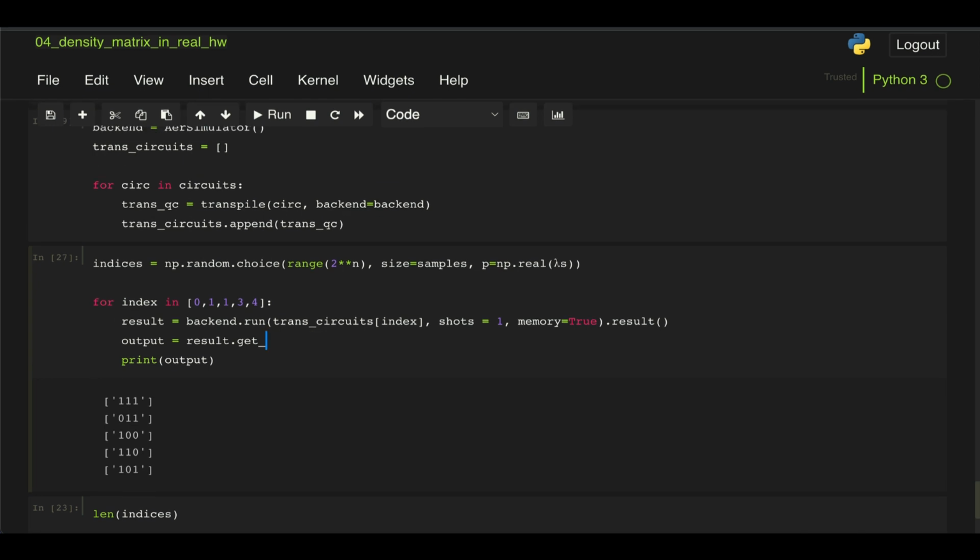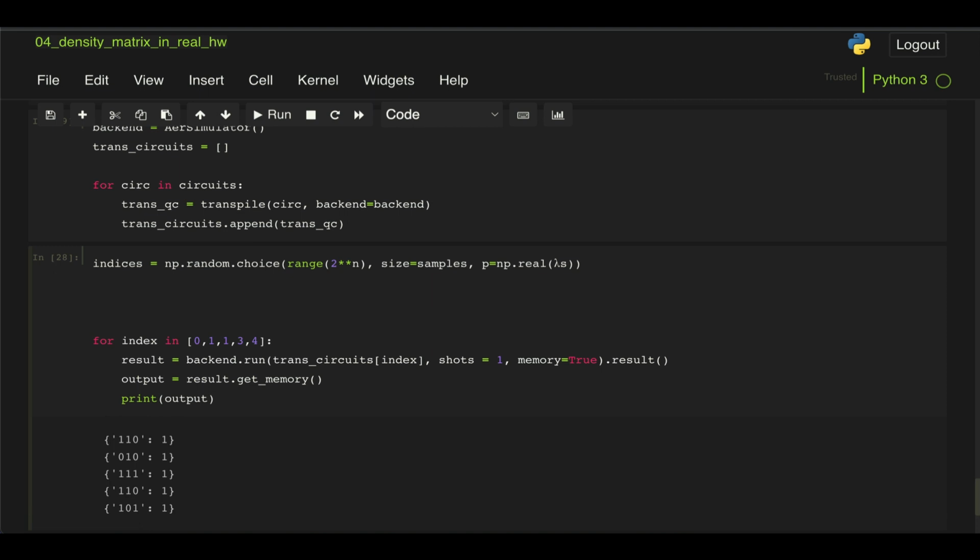So each of these simulations is giving us just one outcome, and that's why I use get_memory, because if we use get_counts, which is the typical way of doing this in Qiskit, what we're getting here is dictionaries with those keys and just a value of 1. So it was easier to just use get_memory and then initialize a dictionary for every possible key, every possible number from 000 to 111, and then accumulate the results there.